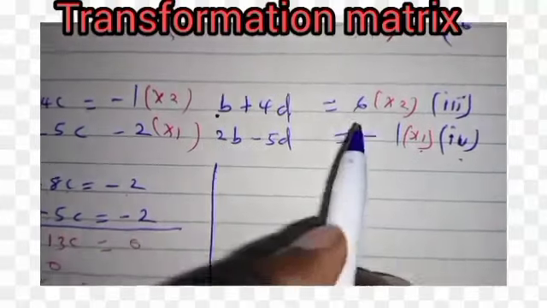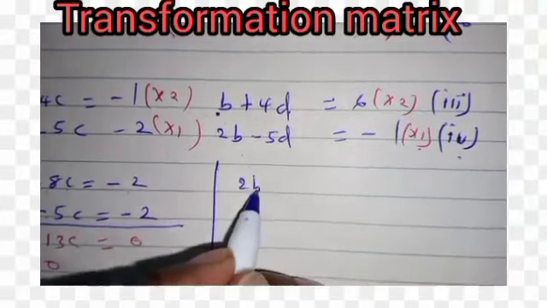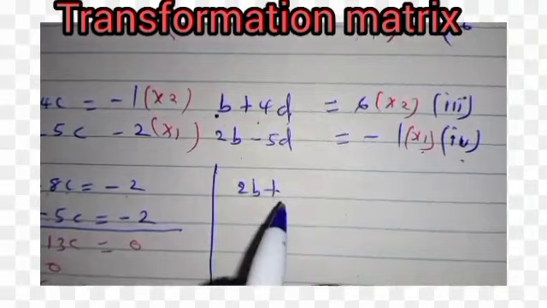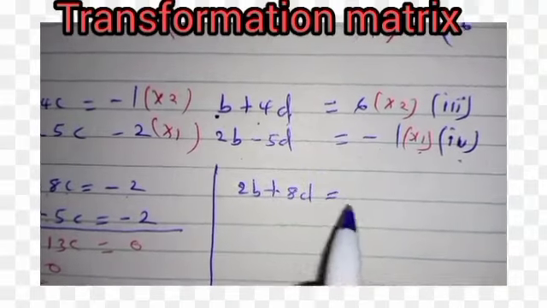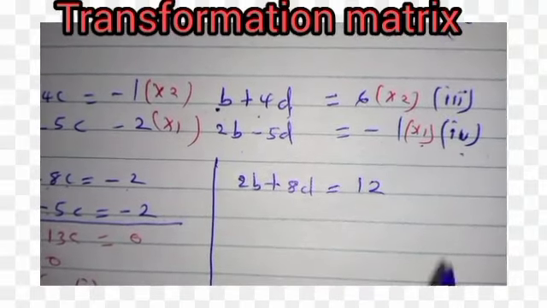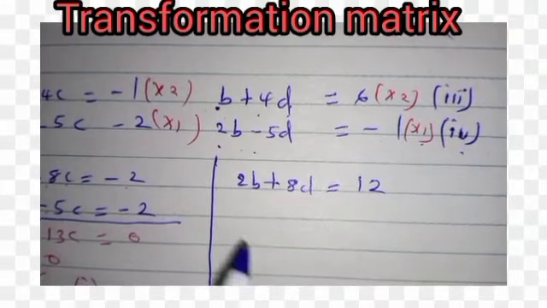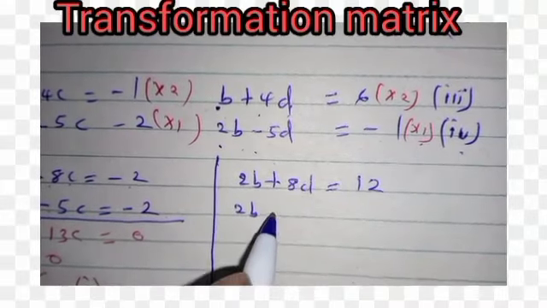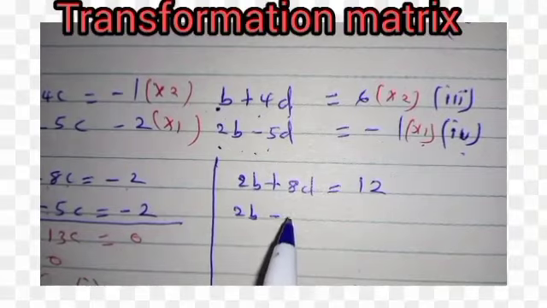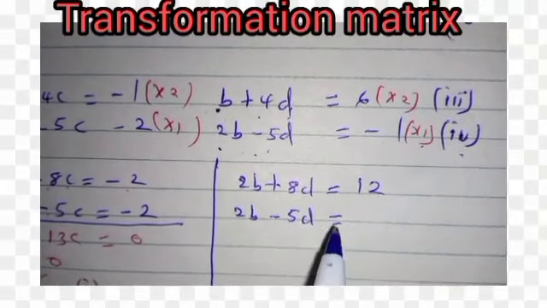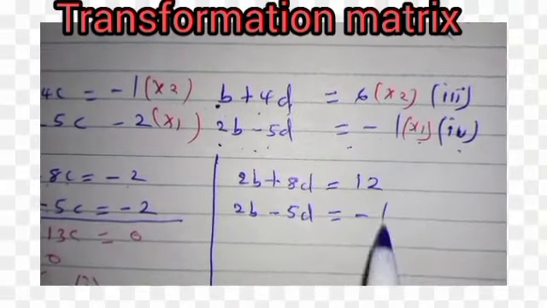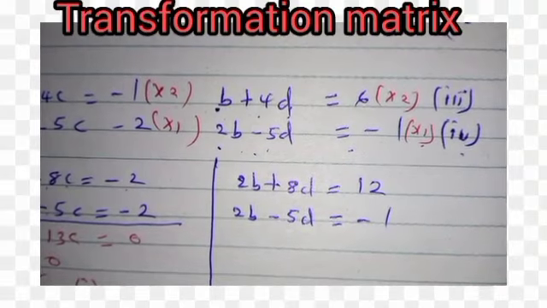So you have b times 2 will give you 2b plus 4d times 2 will give you 8d, which is equal to 12. Then you have 2b times 1 will give you 2b minus 5d times 1 will give you 5d, which is equal to negative 1 times 1 will give you negative 1. That way.